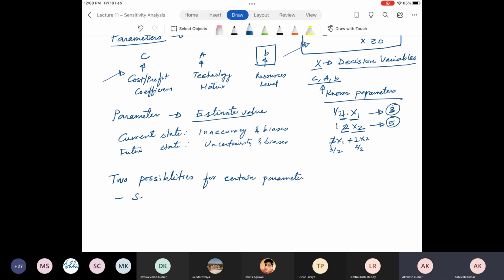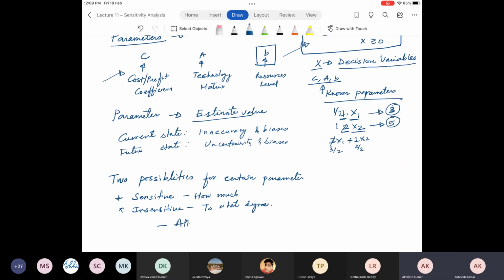First is how sensitive this parameter is. If it is insensitive, to what degree is it insensitive? So for the linear program which you have solved using simplex, there are two situations.